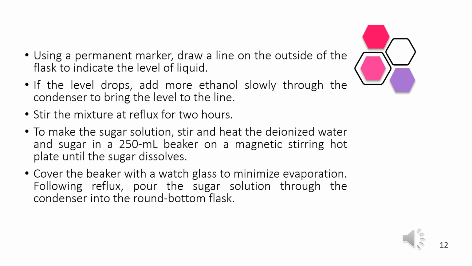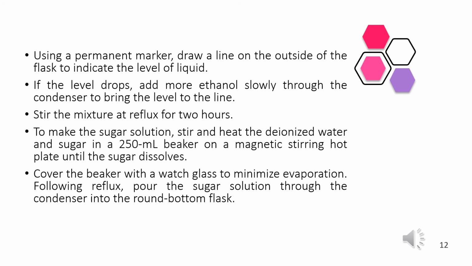After this, to make a sugar solution, stir and heat the deionized water and sugar in a 250 ml beaker on a magnetic stirring hot plate until the sugar dissolves. How can we make the sugar solution? To make the sugar solution, we will heat and stir the deionized water and sugar.